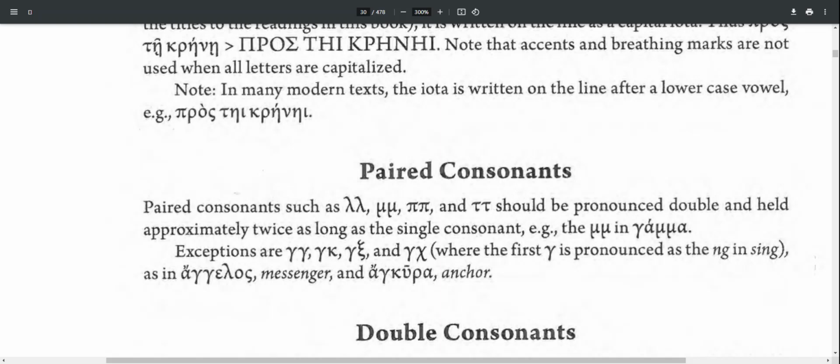Gamma gamma: but in gamma gamma, gamma kappa, gamma xi, gamma chi, you pronounce the first gamma as the sound ng in sing. So you say angelos, which means messenger, and ankura, which means anchor.